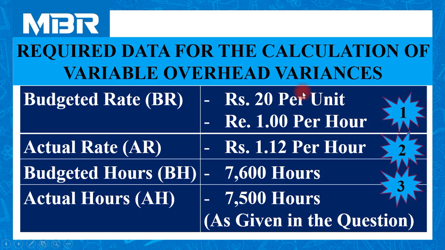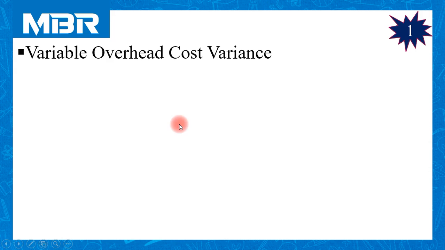Actual rate 1.12 per hour. Budgeted hours, which we just calculated, 7,600 hours, and actual hours as given by the examiner in the question, 7,500. Let us move to the calculation of the first variance.